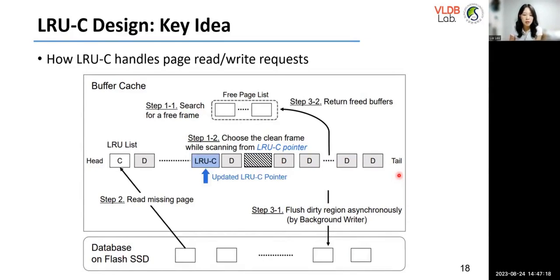When it finds the next LRUC page, the pointer is updated, and the buffer frame holding the clean page is used for replacement. This way, we can read a missing page from the disk without encountering any restall, and thus without issuing any additional disk writes.